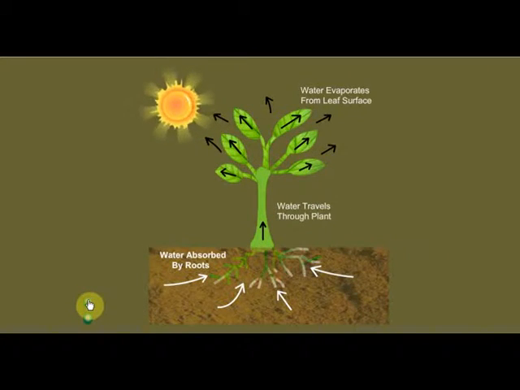Now let's talk about transpiration in plants. As we all know, the water is moving through the roots and into the stem through the capillary pressure and the suction pressure we have already discussed before, and then the water, where is it going?